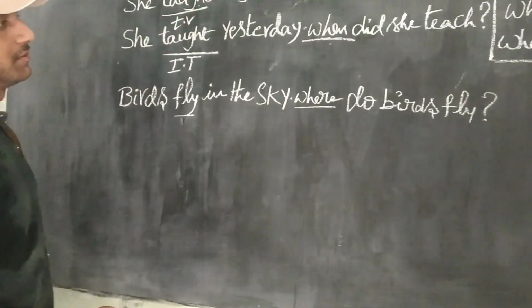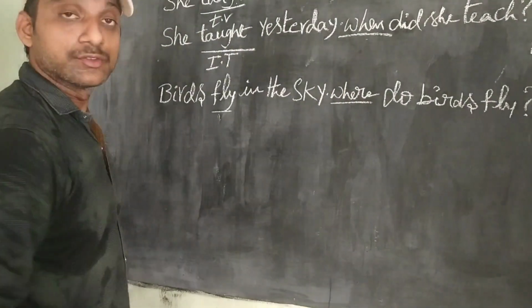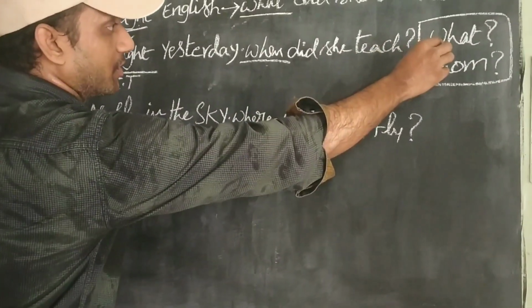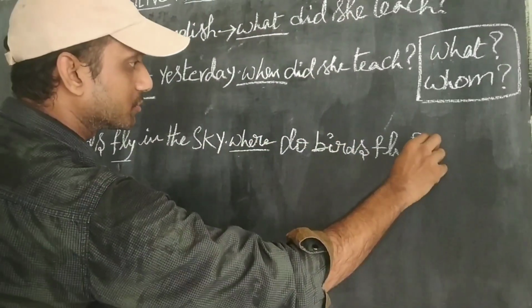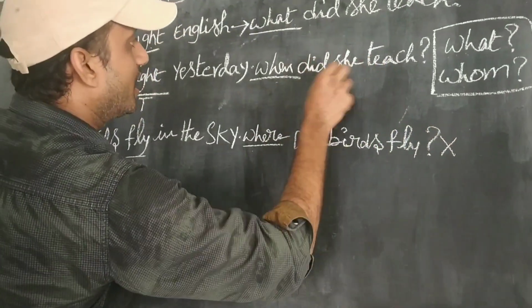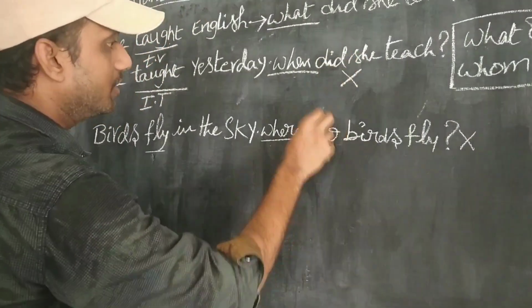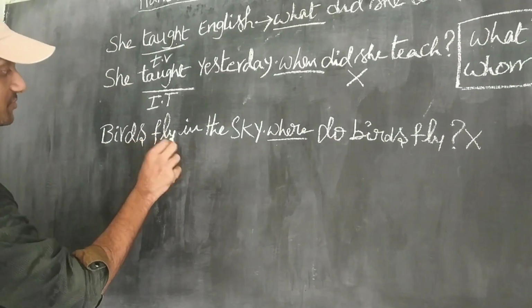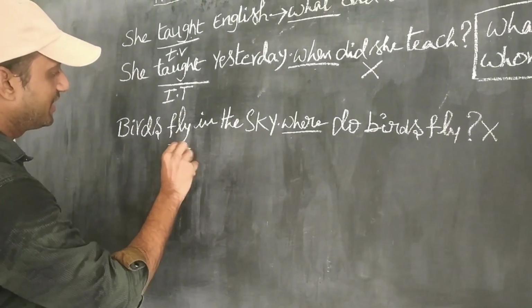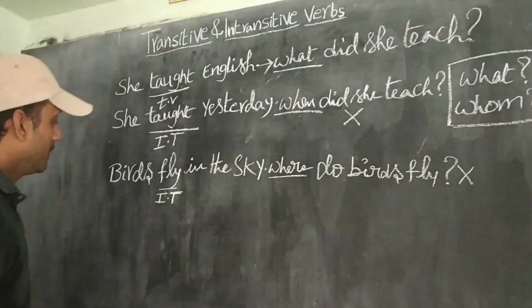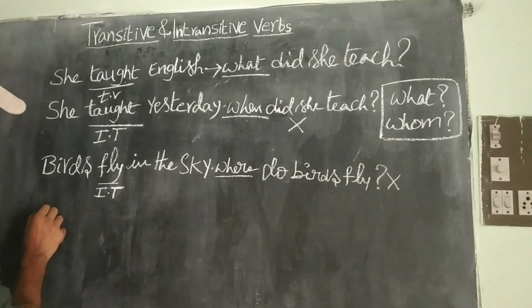Where is also a wh-word. So we are not getting what or whom here. This example is also not at all transitive. This verb is intransitive. Intransitive verb.